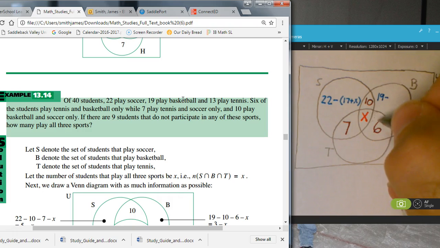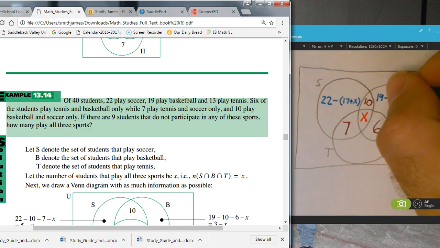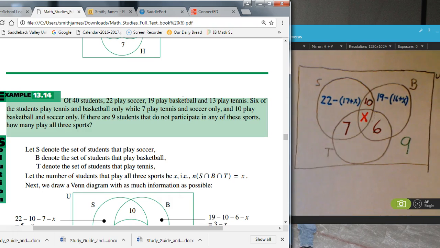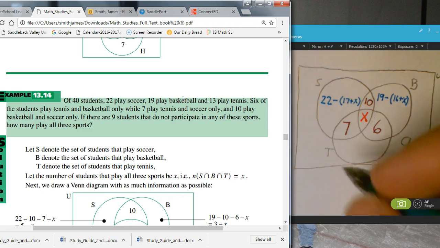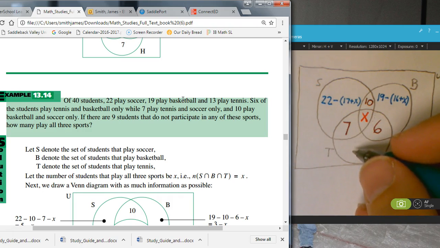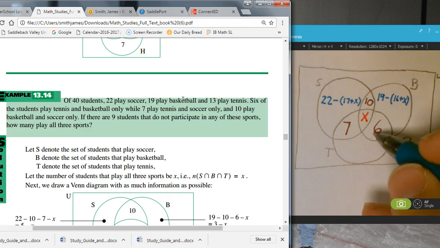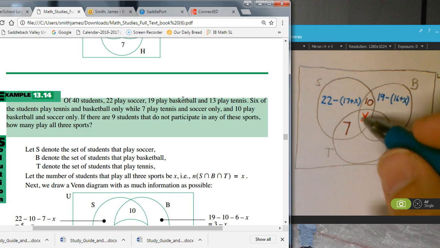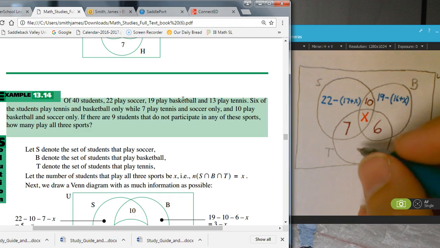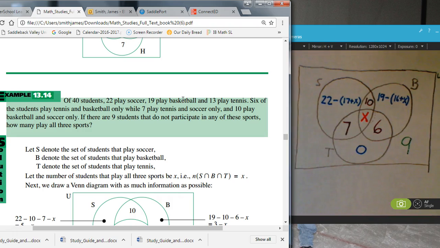These 16 and this X are ones that I've already accounted for, so I take away the 16 and the X. Down here in tennis, it said there were 13 total. So look right here, 7 and 6 make 13. So within the tennis circle, everyone has already been accounted for, and there are none left for tennis only.